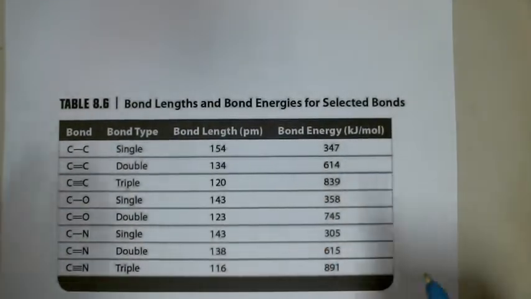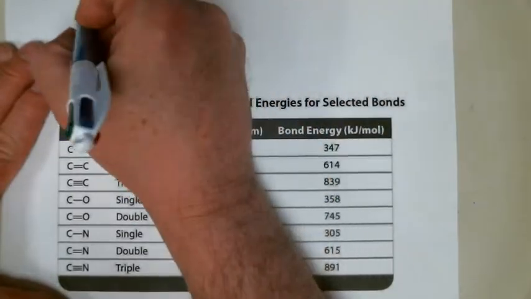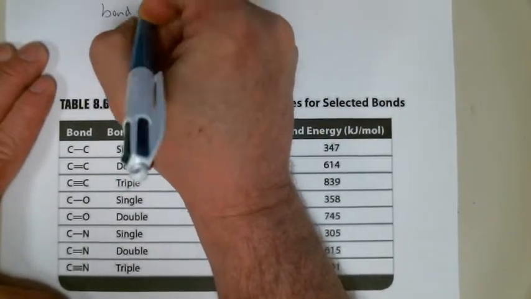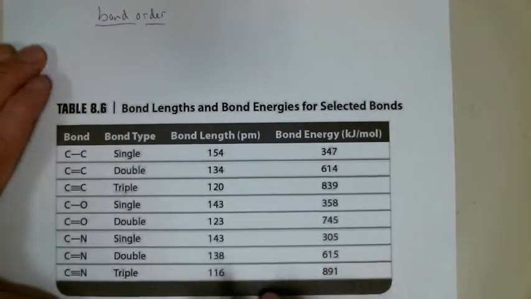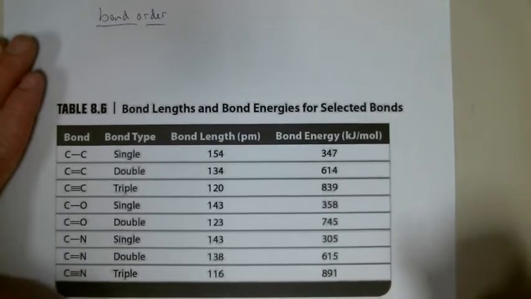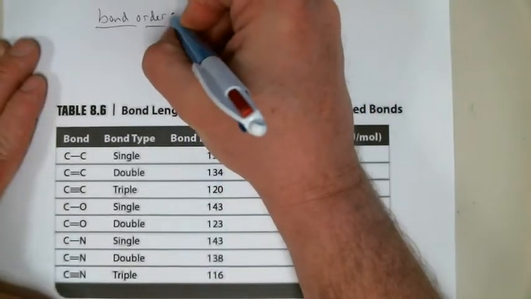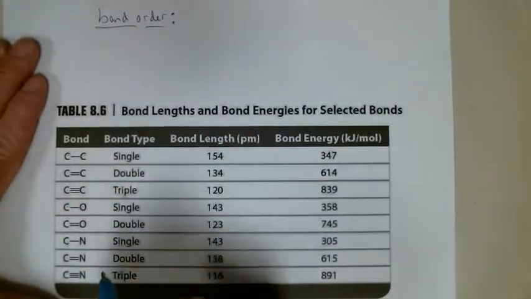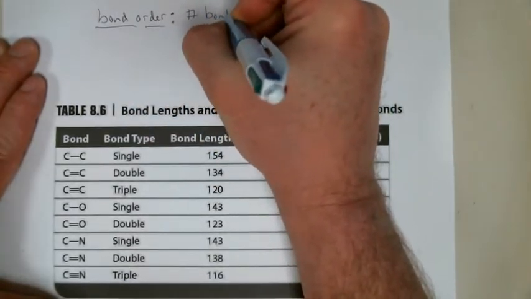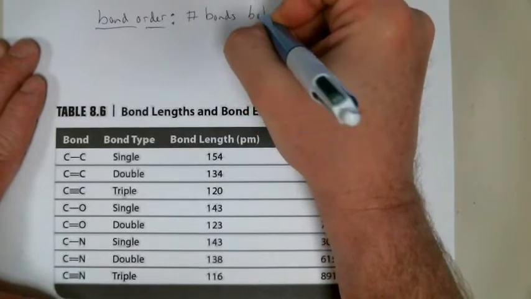Hopefully it'll work for you. So the first thing I want to do is just define something called bond order. So when we draw the Lewis structures, we're going to represent how many covalent bonds there are between two atoms in the molecule. And so the bond order is just the name for the number of bonds between atoms.